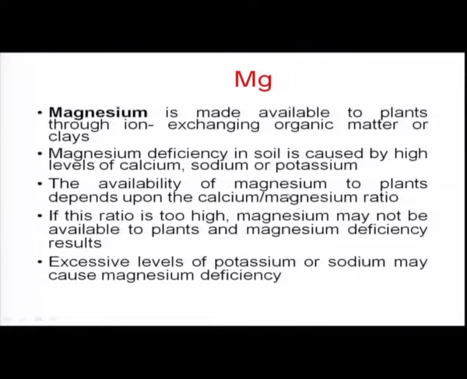The availability of magnesium to plants depends upon the calcium to magnesium ratio. Actually, what is the calcium to magnesium ratio in soil? If this ratio is too high, that is, the calcium quantity compared to magnesium is very high, magnesium may not be available to plants and magnesium deficiency normally results. So, it depends on the ratio of calcium to magnesium, and excessive levels of potassium or sodium may also sometimes cause magnesium deficiency.